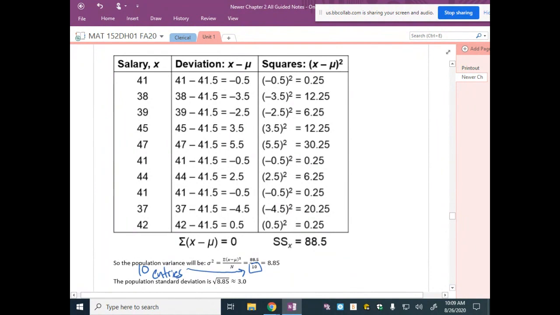And the population standard deviation, we take the square root of 8.85. Let's get a better approximation. 2.97. But this is in thousands of dollars.